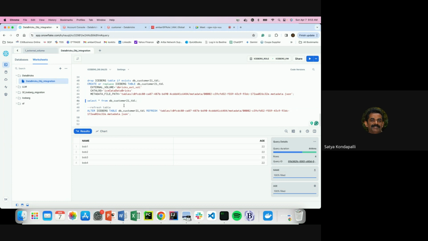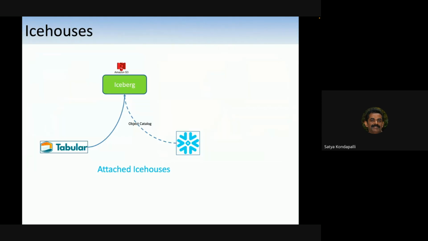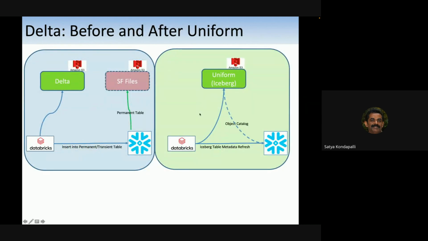So I compared the same table directly as a Snowflake permanent table, 5 billion, with 5 billion here as a catalog Iceberg table. I see the performance is the same. Maybe when you go to 100 billion, 200 billion level of data, you may see a little bit of difference. But at least my tests are within 5 billion.